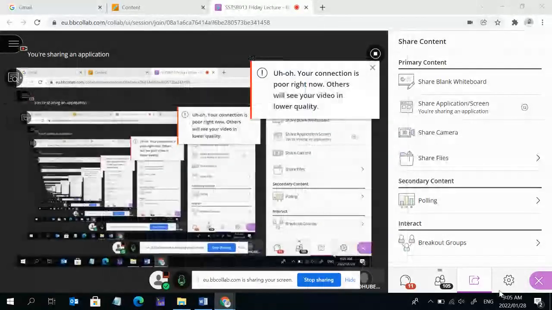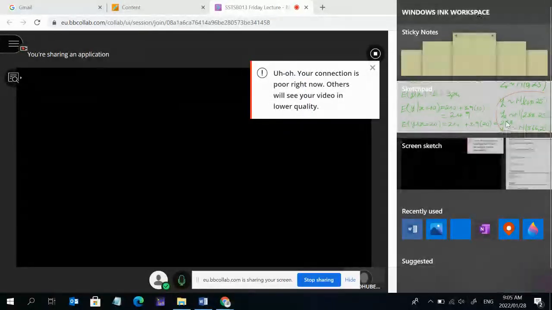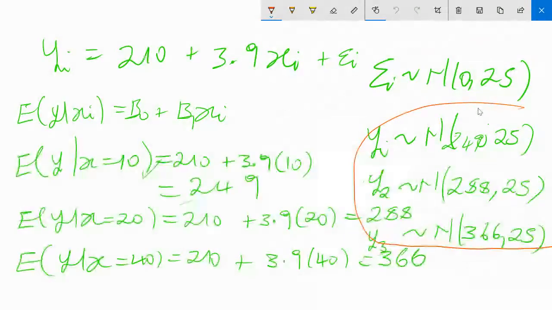Let's go back to the whiteboard. We are here. So we know that for X equal to 10, the expected value, because remember we said, please note these three values.